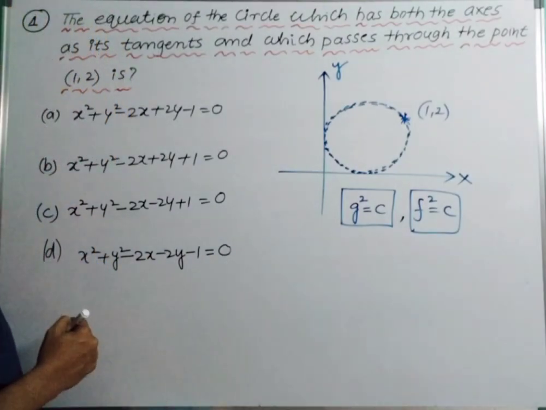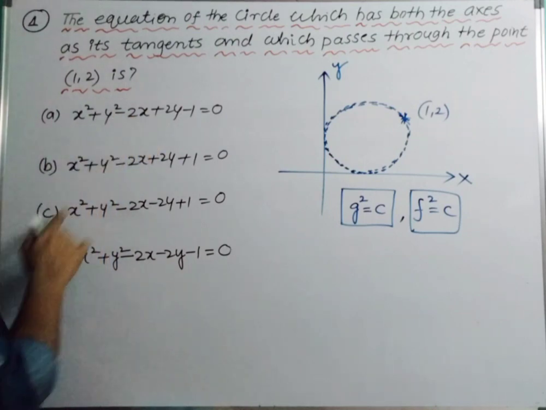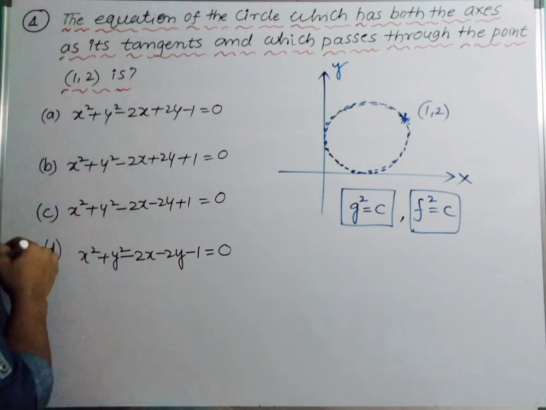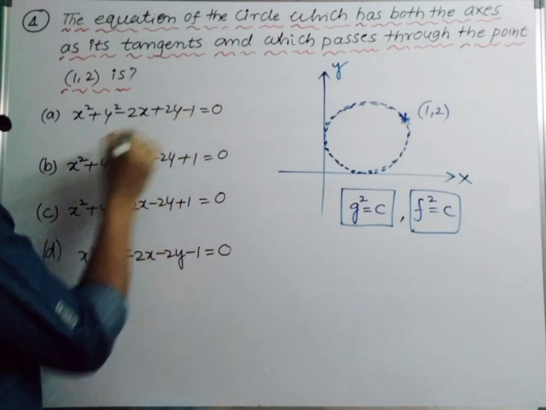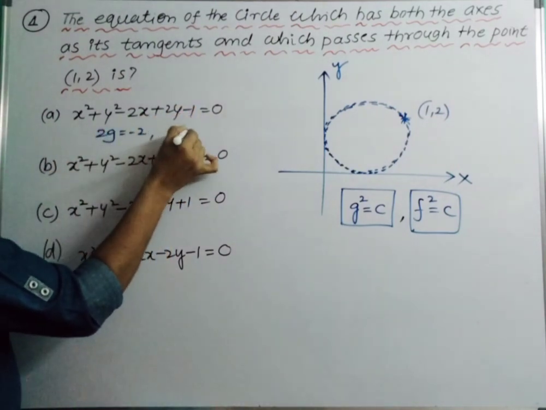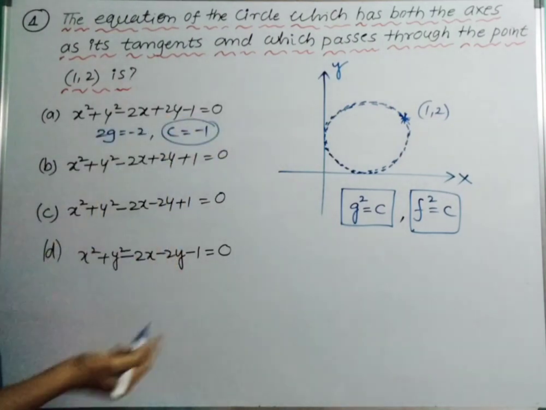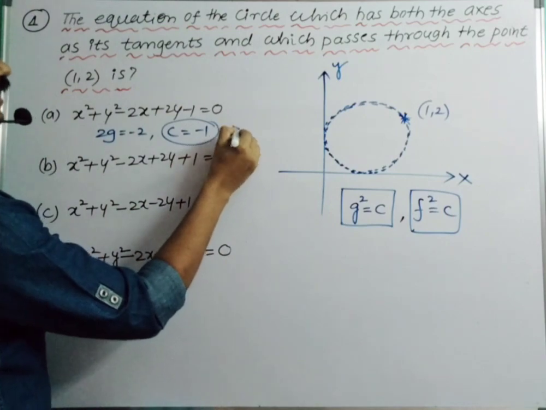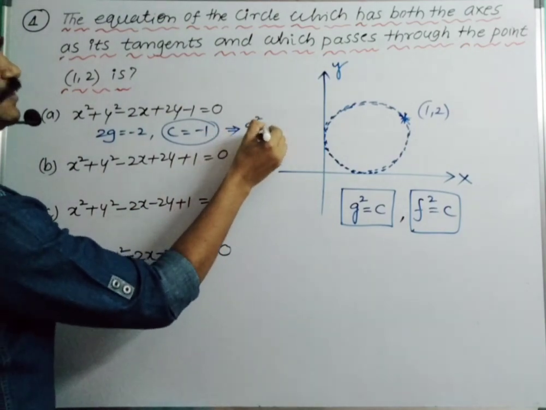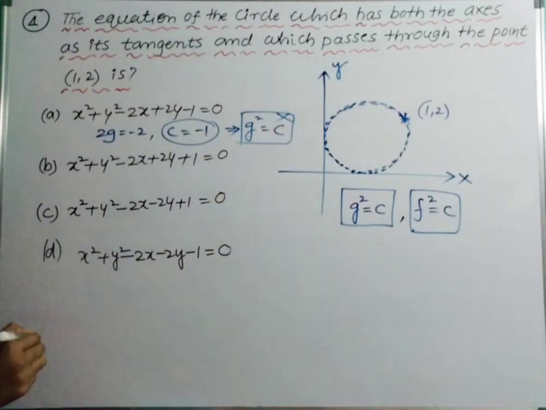Let's check. Here 2g is minus 2, so g is minus 1, g square is 1, and g square should equal c. Here c is minus 1. But g square is never negative, so g square equals c is not possible here.